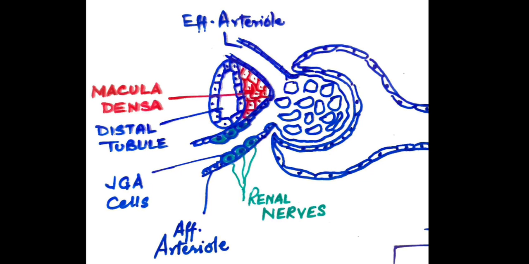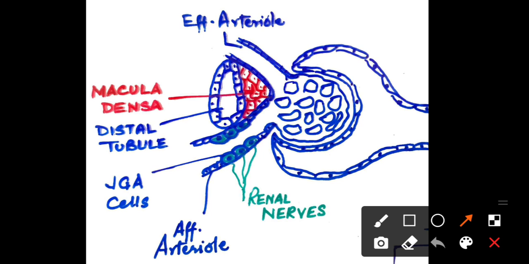The first one was low plasma sodium levels. As we have low sodium ions in the plasma of the blood coming from this efferent arteriole, it is sensed by the JGA cells.